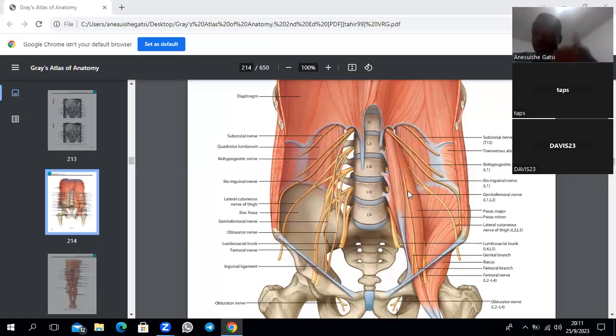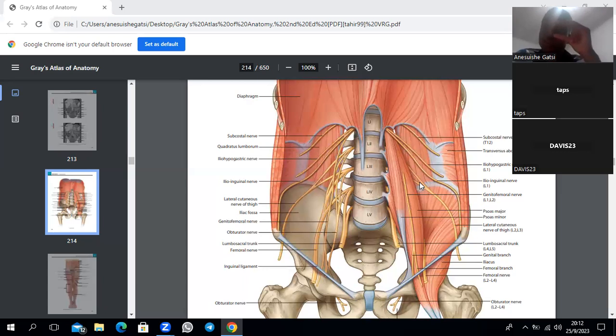Last time, before I got cut off, I said that your lumbar plexus has 4 branches that emerge on the lateral side of the psoas major, then 1 branch on the anterior surface of the psoas major. For those just joining us, we're talking about the lumbar plexus, which is formed from the ventral rami of L1 to L4.